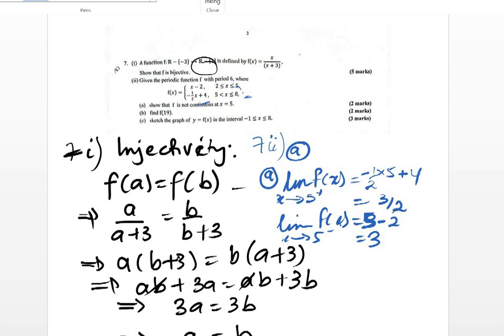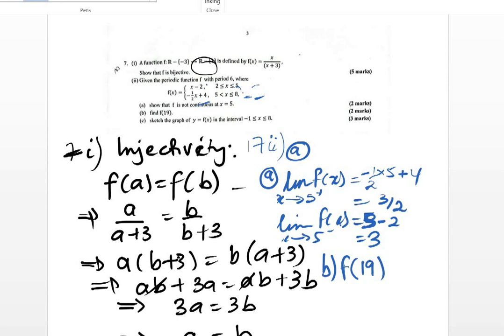Okay. Now in part B, we are asked to obtain f of 19. When the function is given with period 6, look at this range. Do you see any 19 there? Because you are substituting values in this range. No, you don't see any 19.